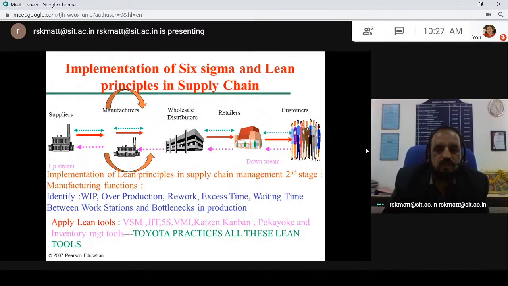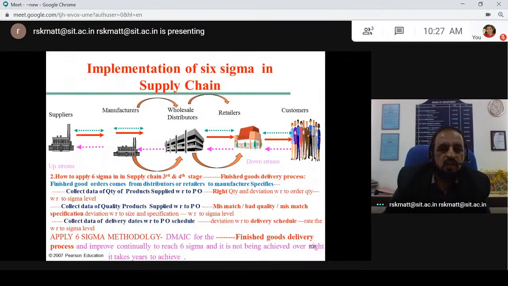these cutting edge practices. Hence Toyota are the leaders, they are the world class manufacturers in the world. Then implementation of Six Sigma, similarly in the third stage.